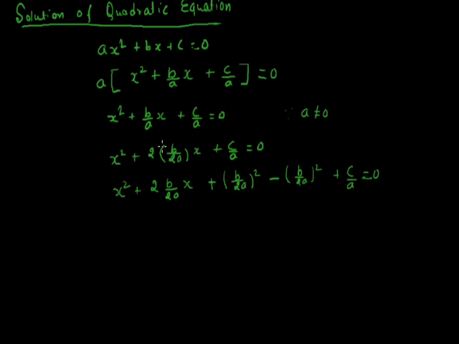Now this is x square plus 2b by 2a into x plus b by 2a whole square, or we can say this is the identity x plus y whole square.